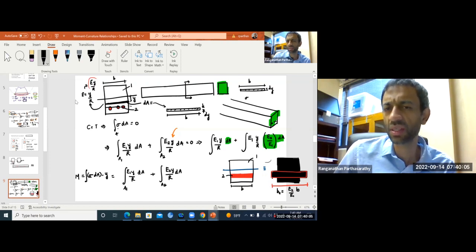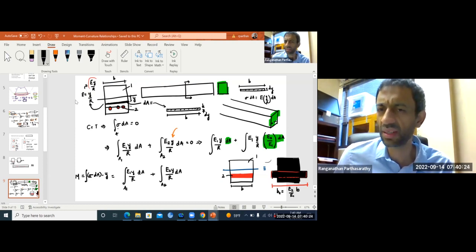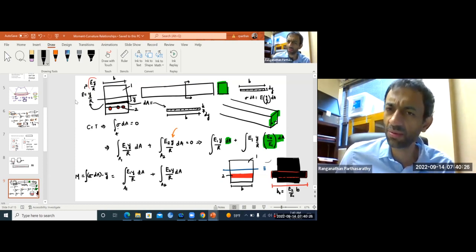Force is stress times area, right? So that means stress is E Y over R, E times strain, Y over R is strain, times dA. But what happens? The E is different because I have different material, but I want the same force.